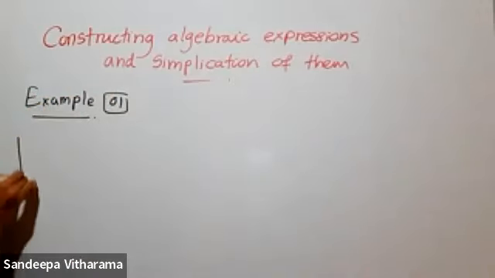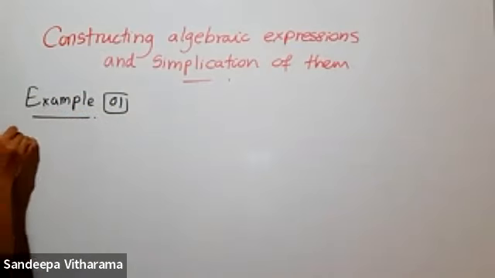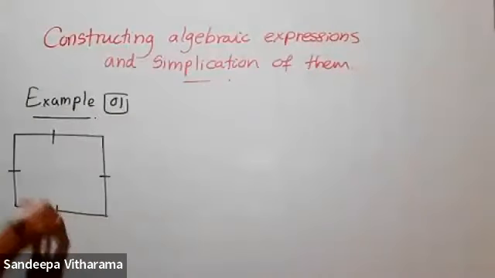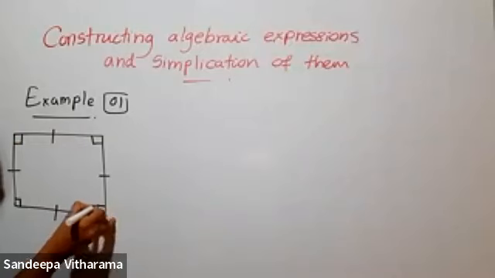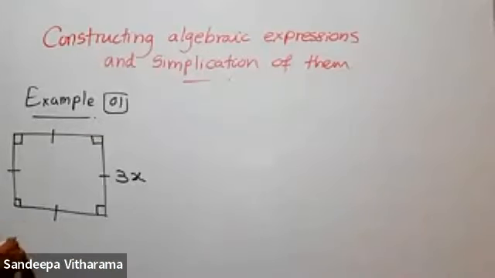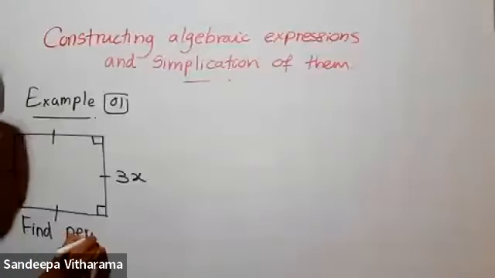You may look at that. Here it is given that a square. How we identify it is a square is because all sides are equal, and it is given that one side equals 3x. And they asked to find the perimeter.